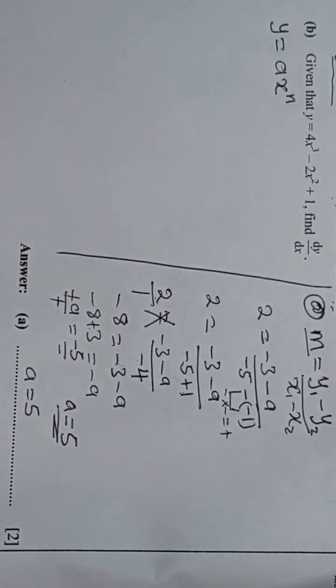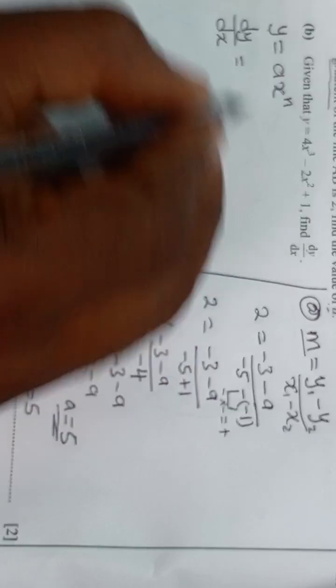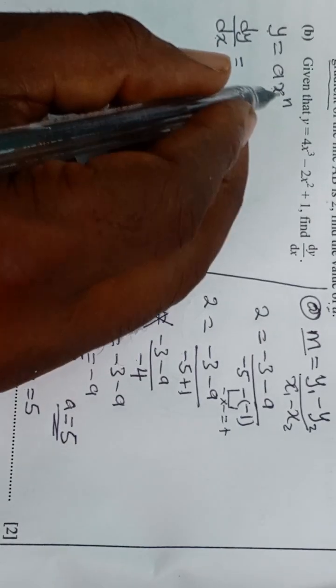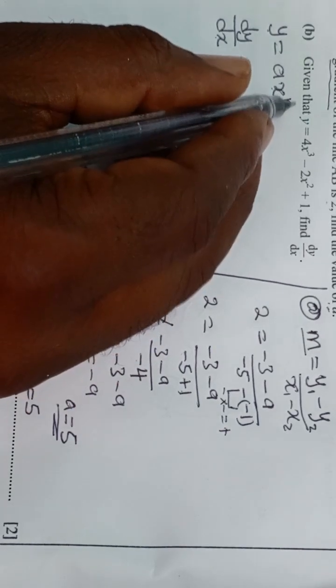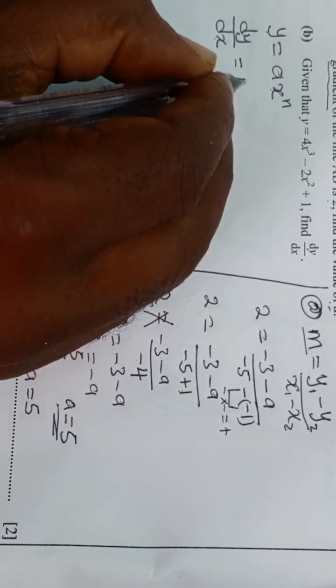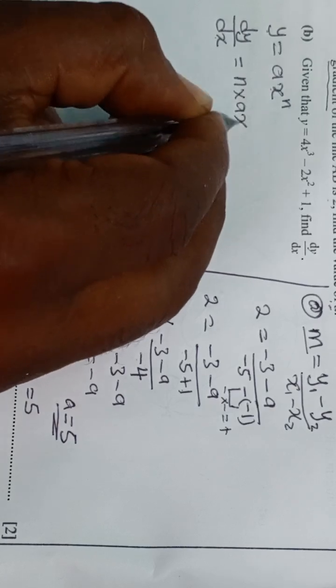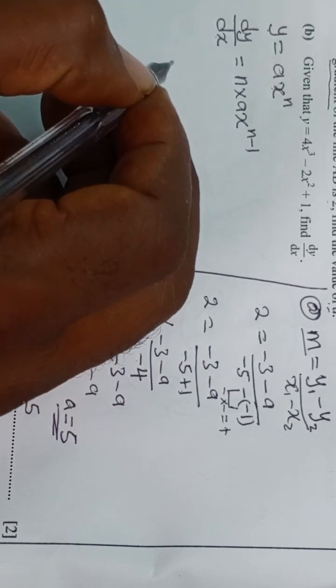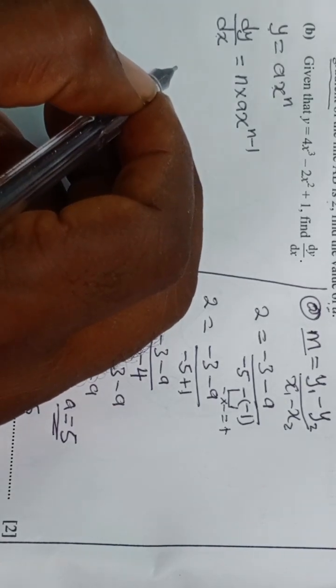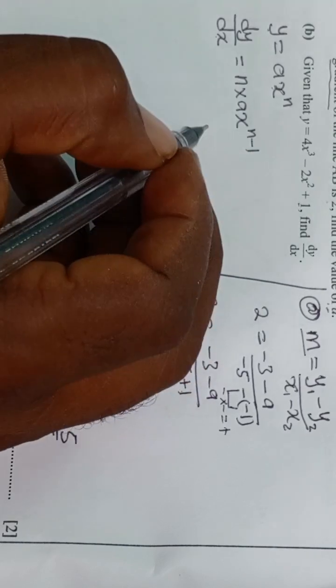When you've been asked to differentiate, you say the change in y, dy/dx, the change in x, is equal to, so we are differentiating with respect to x. So in this case, it is simple steps. You multiply everything with the power, so n times ax, then you reduce the power by 1. So that is the formula. And remember that differentiating a constant, it is a 0.